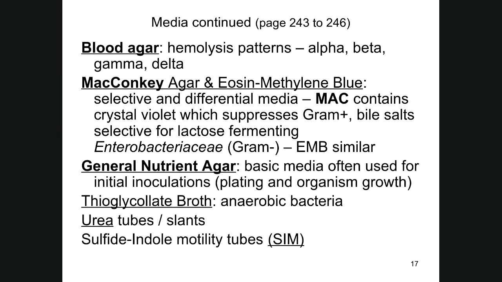You have MacConkey agar, or we call it MAC, M-A-C. That contains crystal violet in it, and that will suppress, not 100%, but it usually suppresses gram positive, which means you'll use MAC on gram negative to get a better growth. And we have general nutrient agar, a basic media that you'll be using.